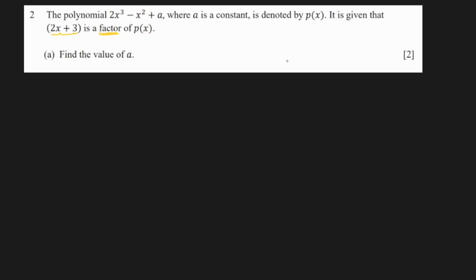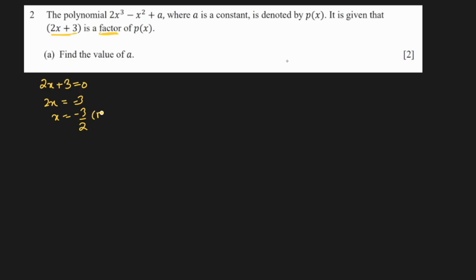Whenever a binomial is a factor of a polynomial, we make it equal to 0 first to convert it to a root. So 2x plus 3 is 0, and that means 2x equal to negative 3. So x is equal to negative 3 over 2.